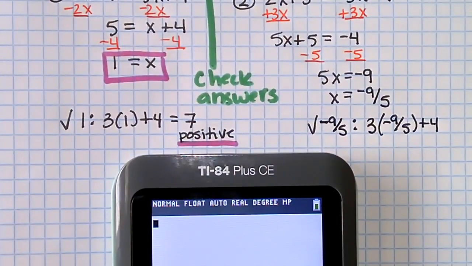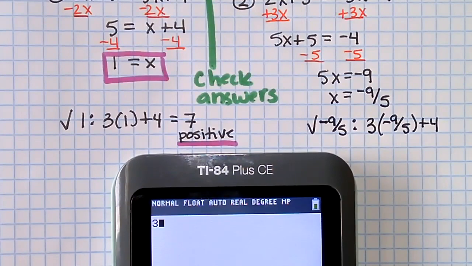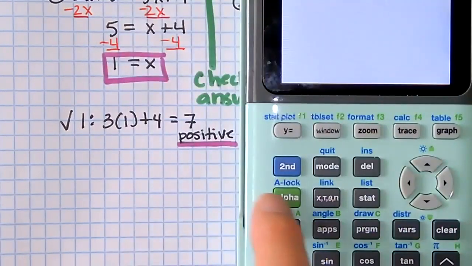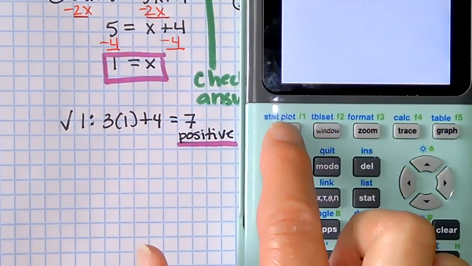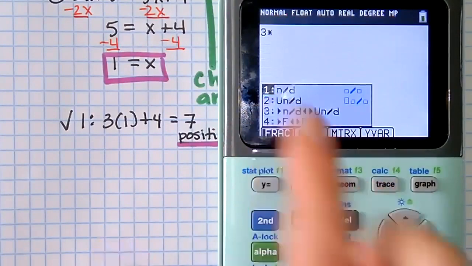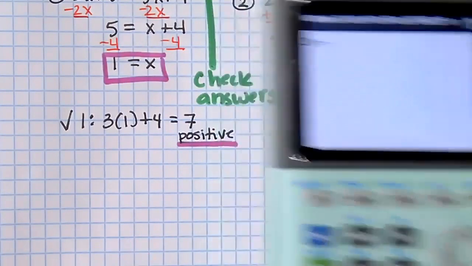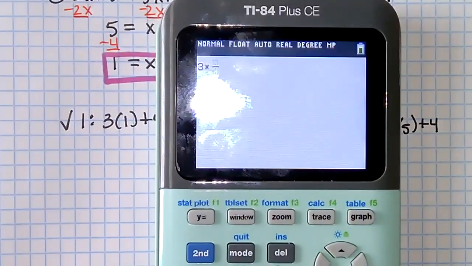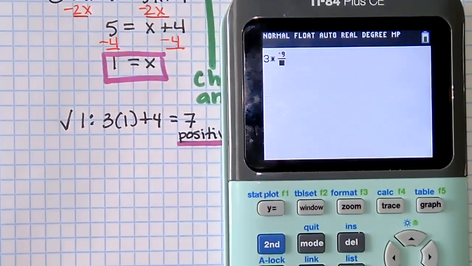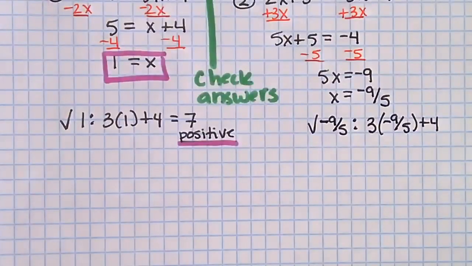If I want to enter fractions on this, remember, I can do alpha and y equal, and then I get fractions. Number 1 is fraction, and I'm going to be putting in a negative 9/5. Negatives are down at the bottom, so make sure you put negative, not a minus, negative 9/5, and then plus 4. I put it in my calculator, and it gives me a negative 7/5.